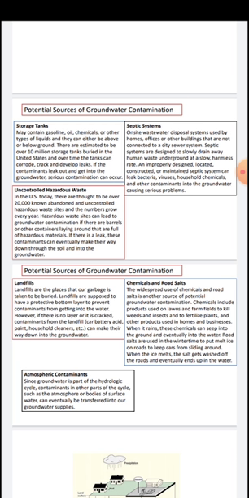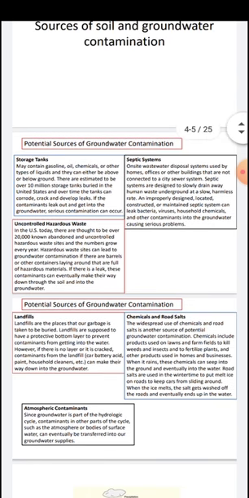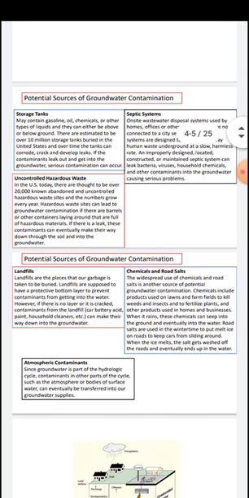We are having this natural phenomena which is continuously existing in our soil, and that is the degradation of organic content. So this is the major natural source of soil contamination.